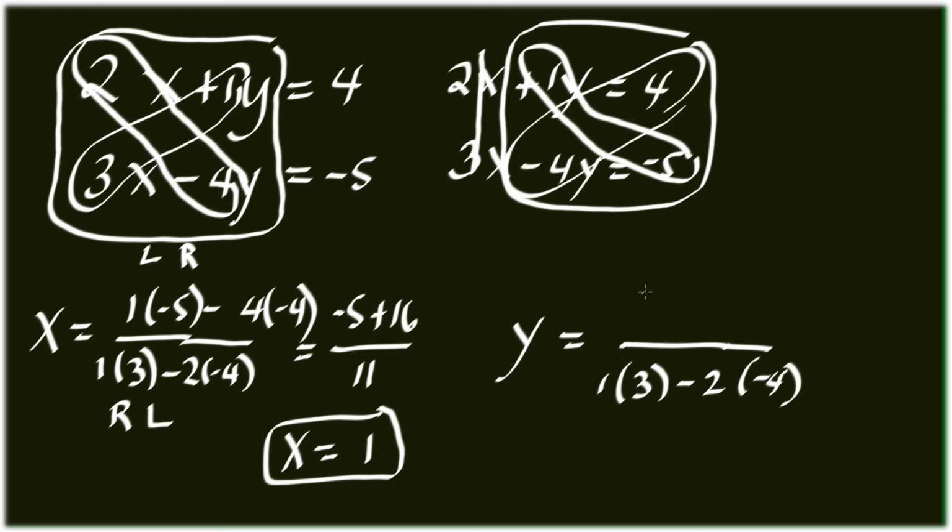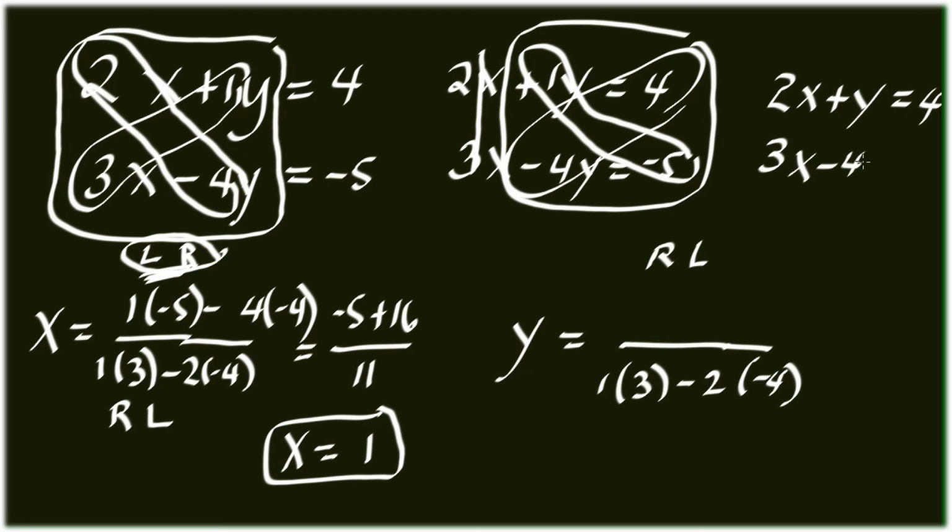The numerator for your y is using the right diagonal minus the left diagonal product. Notice that only the top numerator of your x is using the other direction. The rest is going to be right diagonal minus left diagonal product. To calculate the y numerator, let's rewrite the equation again: 3x minus 4y is negative 5.